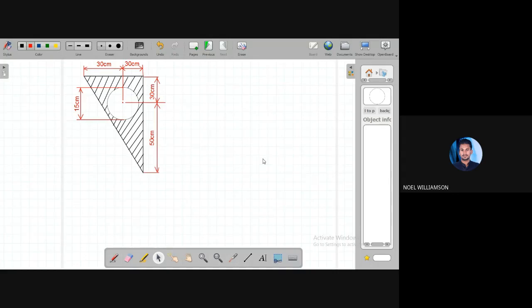So this problem you have to do yourself, and remember here you have to find the moment of inertia, that is moment of inertia about centroidal axis.